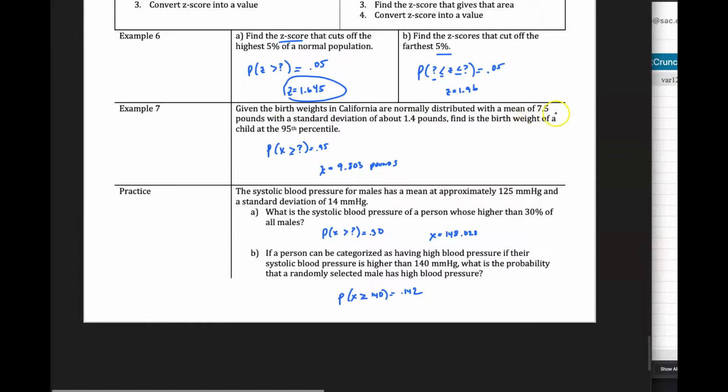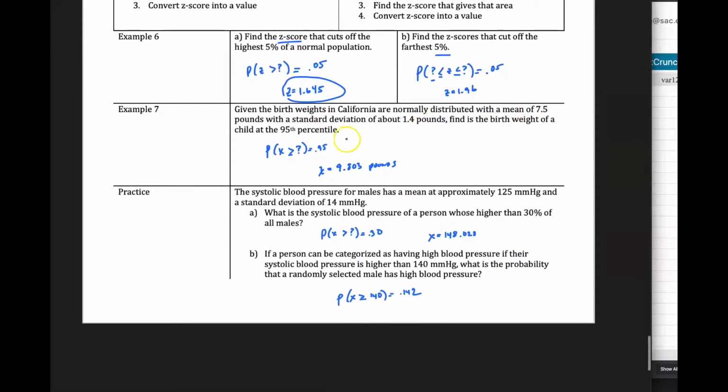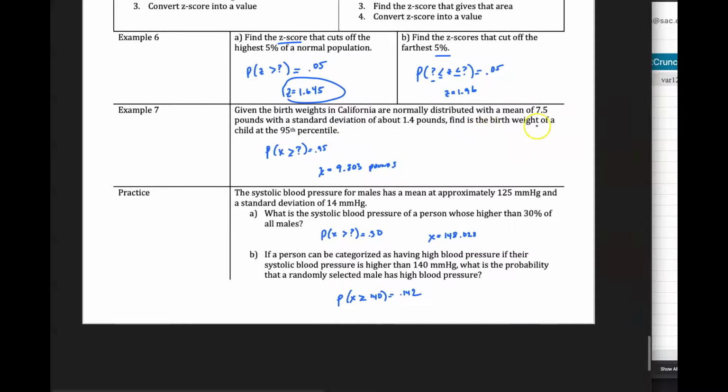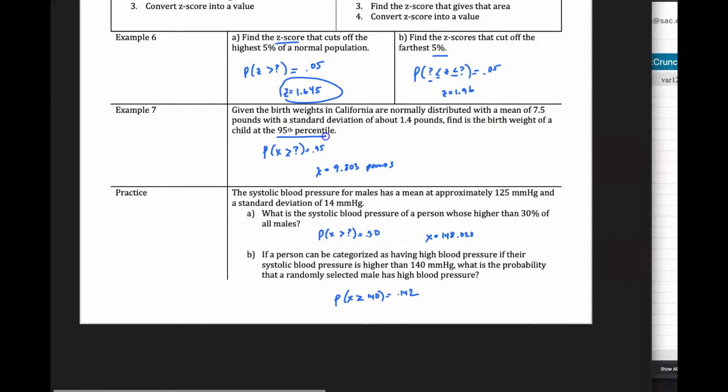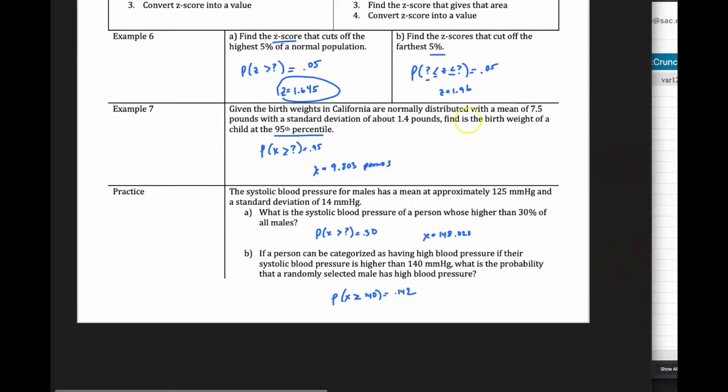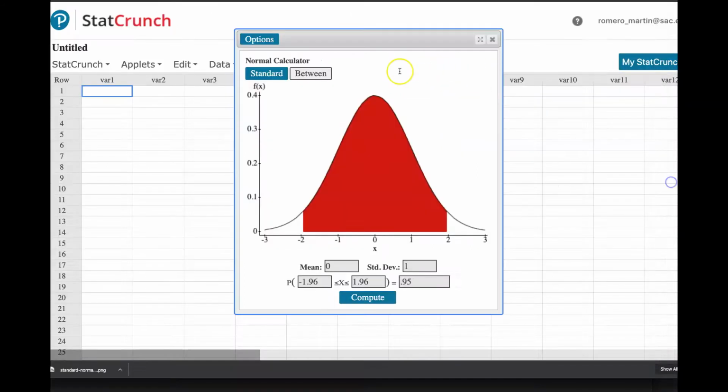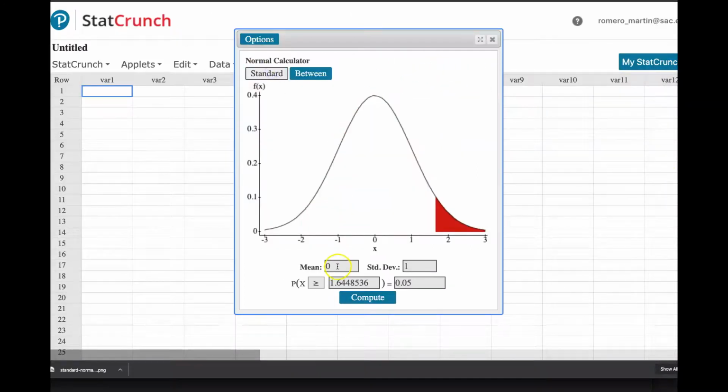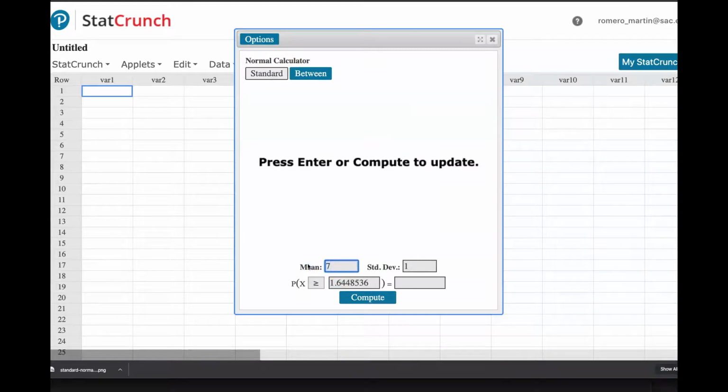Here are the weights of children born in California. Find the birth weight of a child at the 95th percentile. So we're going to use the 7.5 and the 1.4. You put 7.5 as the mean, 1.4 as the standard deviation, and I want the 95th percentile, which is the right tail, the top 5%.